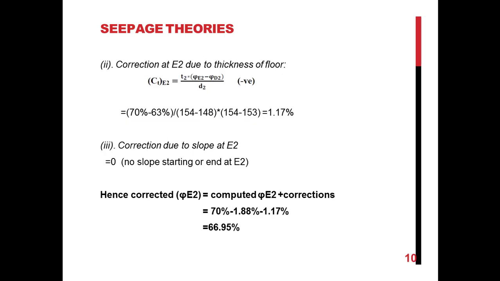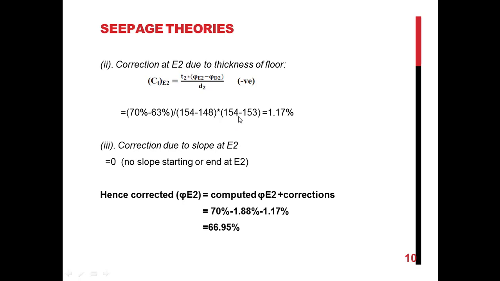Now we will find the correction at E2 due to thickness of the floor. The correction due to thickness of the floor at E2 is equal to T2 into phi E2 minus phi D2, divided by D2. Phi E2 is equal to 70%, phi D2 is equal to 63%, D2 is equal to 154 minus 148, which are the reduced levels, so subtracting gives the total depth of D2, and T2 is equal to 154 minus 153, which is the thickness of the floor.